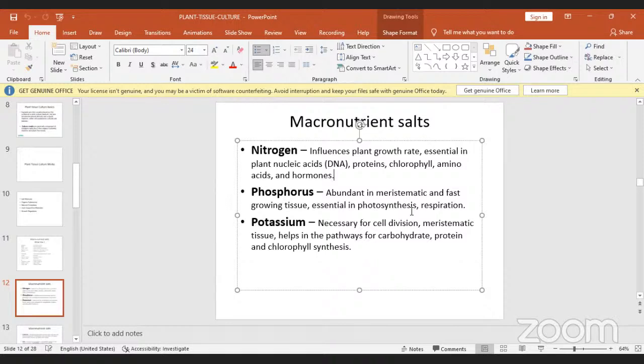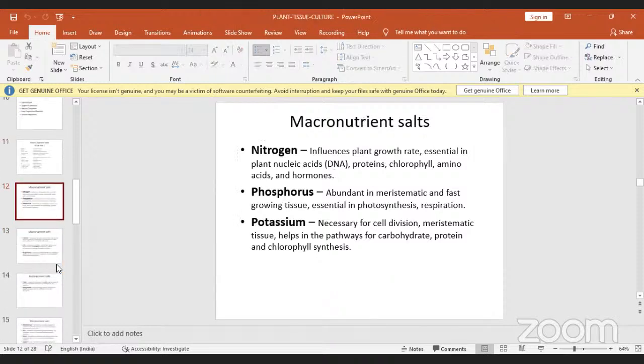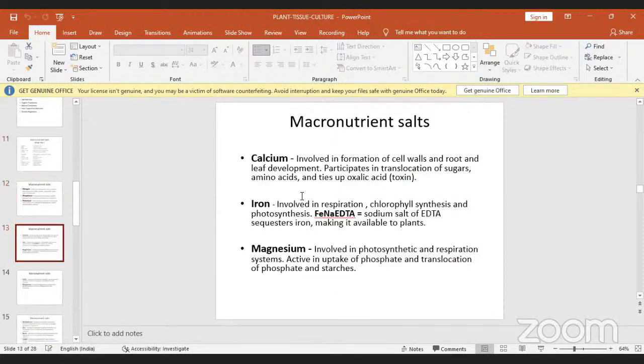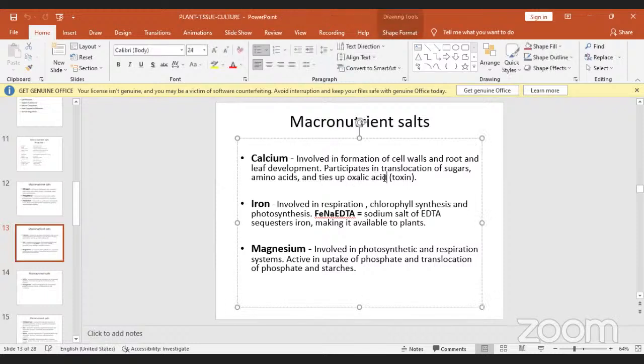Potassium, necessary for cell division, meristematic tissue, helps in the pathway for carbohydrate, protein, and chlorophyll synthesis. Calcium is also involved in formation of cell walls and root and leaf development. It participates in the translocation of sugars, amino acids, and oxalic acid.